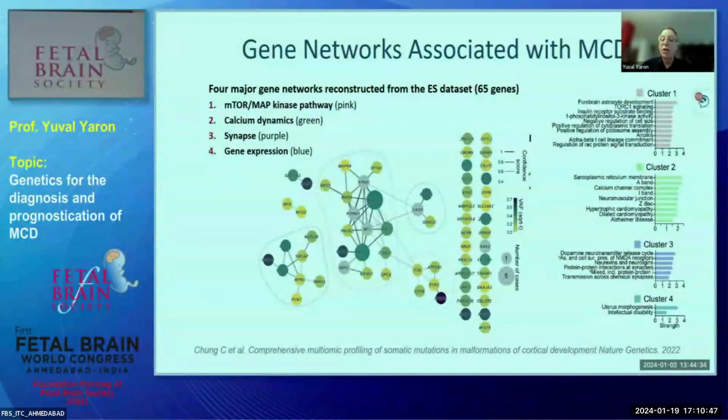So we only know, as I say, the tip of the iceberg, because one of the things that has been found was, again, the mTOR pathway, but other genes have been found to be associated with calcium dynamics, with synapse development, and also with different gene expression. So again, there's still more to be found, particularly because all of the somatic mutations are quite difficult to diagnose unless you have a sample of the abnormal brain.